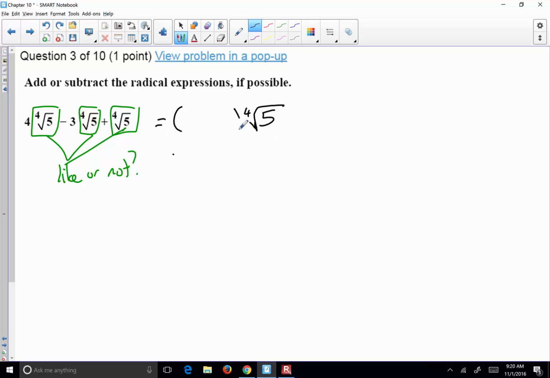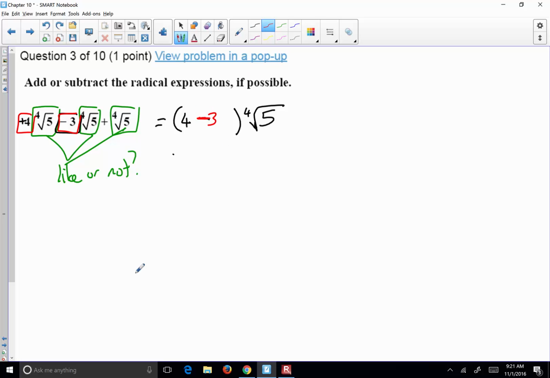Open a parenthesis. Guess what I'm going to do with the numbers in front? I will put all those numbers in front in this parenthesis and compute it. So this is plus 4, minus 3, and nothing. So we have 4 minus 3.